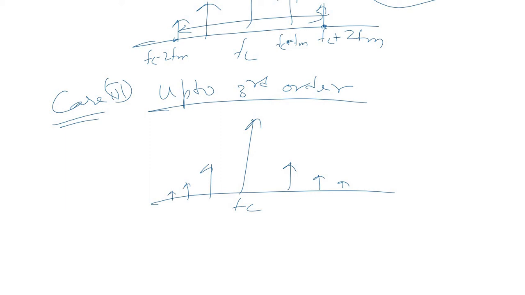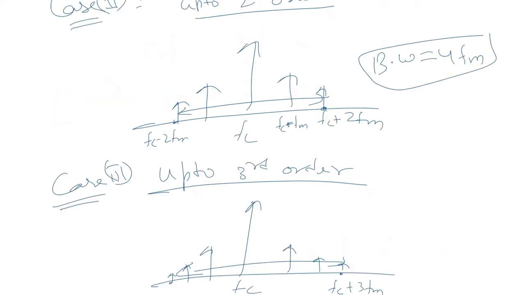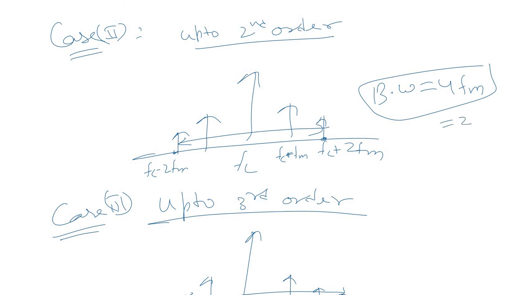We assume 3 orders of sidebands to be significant, and these range from FC plus 3FM to FC minus 3FM. If you have a look at the bandwidth of such a signal, it comes out to be 6 times FM, or you can say 3 times twice of FM.